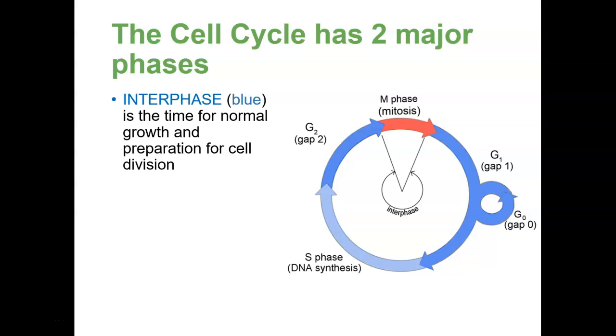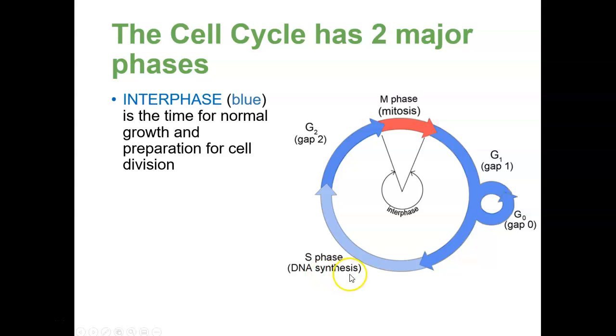G1 is the first gap phase. There may be a little sideline called G0, which is a resting state, but after G1, the cell is going to progress into the S phase, and it's during S phase that the DNA is going to be copied.